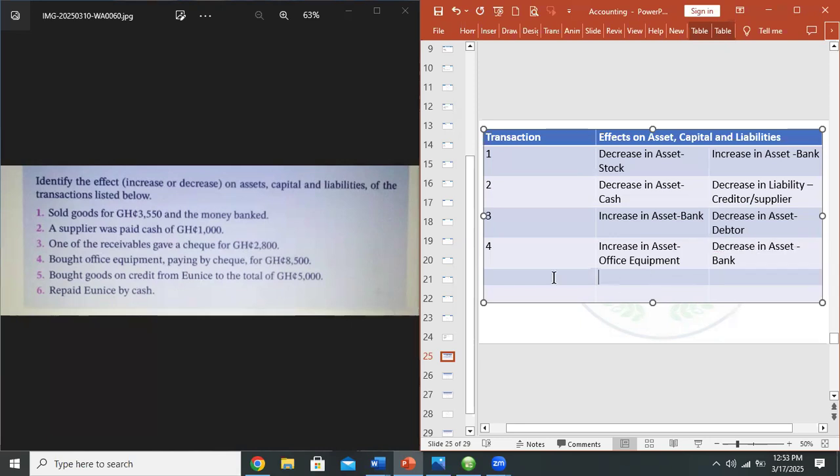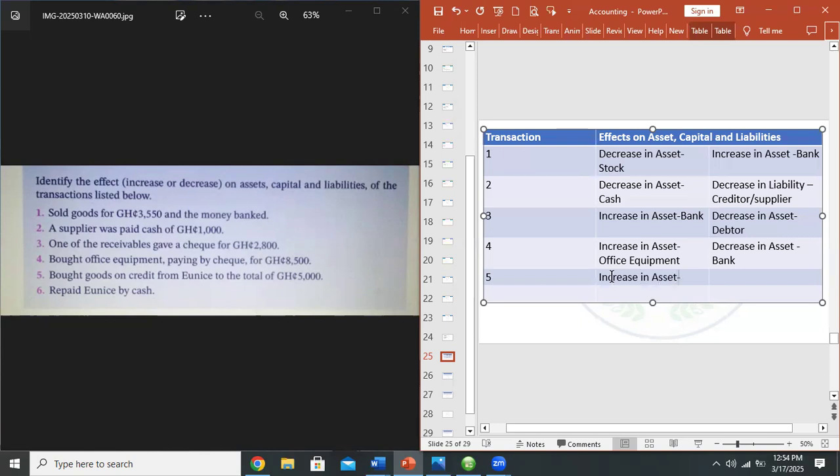Okay. Fifth transaction. Bought goods on credit from Eunice to the total of 5,000 Ghana cedis. The business is buying goods, so the stock or the goods will increase, which is an asset. So there will be an increase in asset stock.